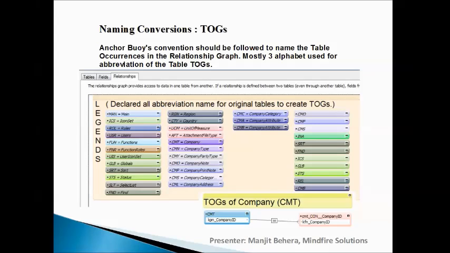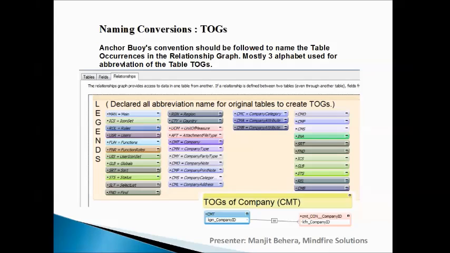Then naming of TOGs. TOGs are nothing but table occurrences in the relationship graph, and this follows the Anchor Buoy system. The authors combined to give a naming convention for the TOG, a name after them.